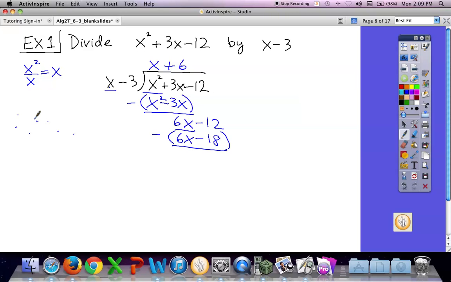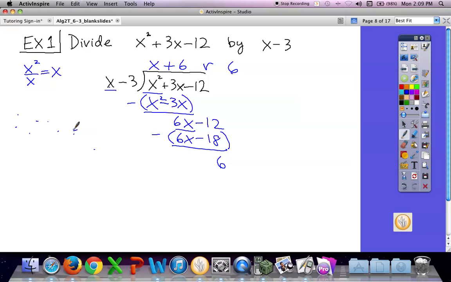It's 6. Negative 12 minus negative 18, which is like negative 12 plus 18, which is 6. So you would say that when you divide these polynomials, you get x plus 6, remainder 6.